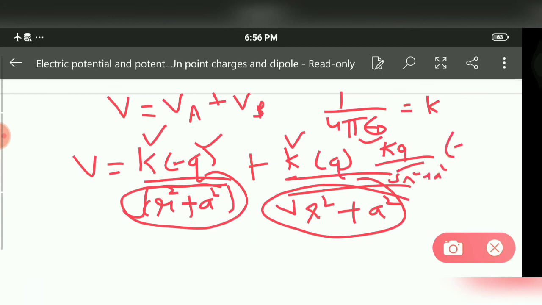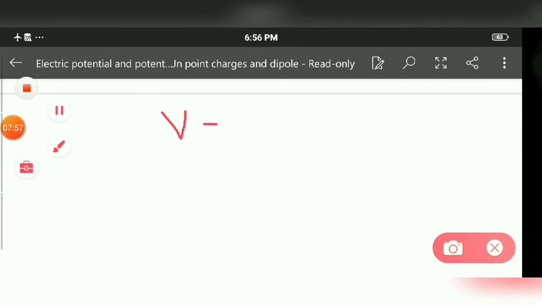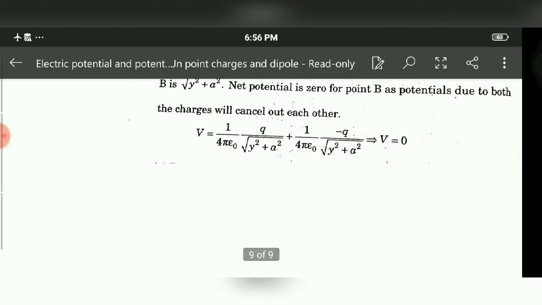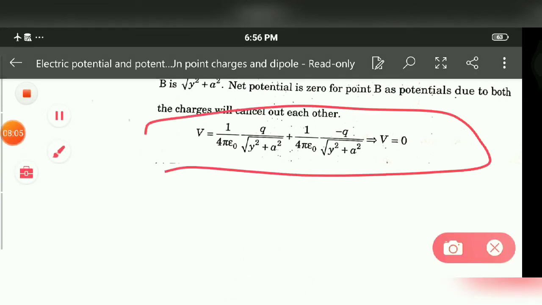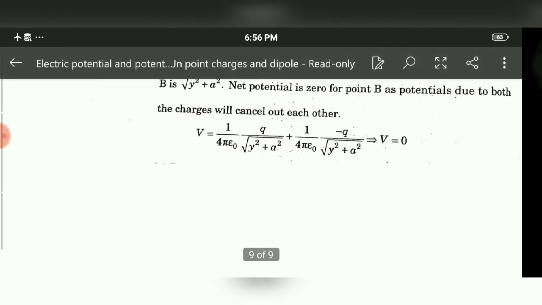Inside we get k q by root of r square plus a square times minus 1 plus 1. This is 0. So net potential due to equatorial at a point is always 0. For the equatorial, net potential is always 0. This is the result. So with this, PDF 2 is also complete.